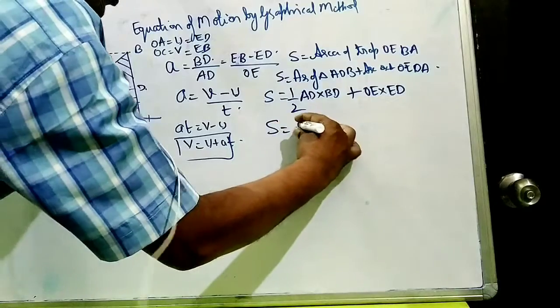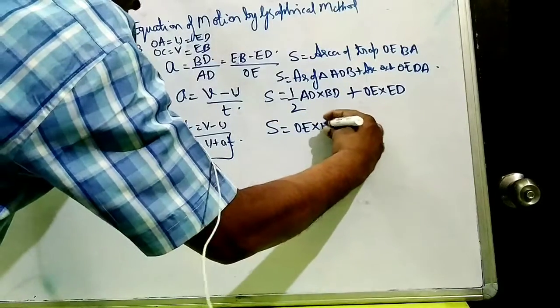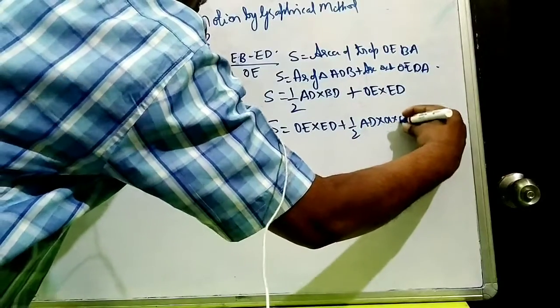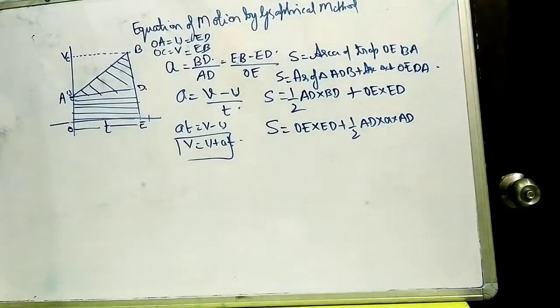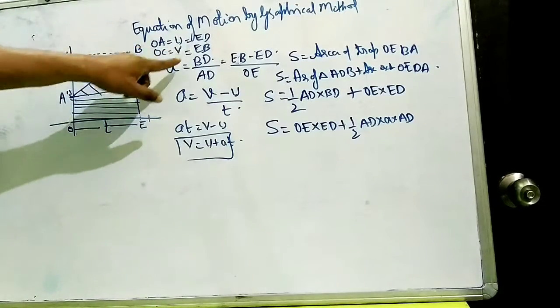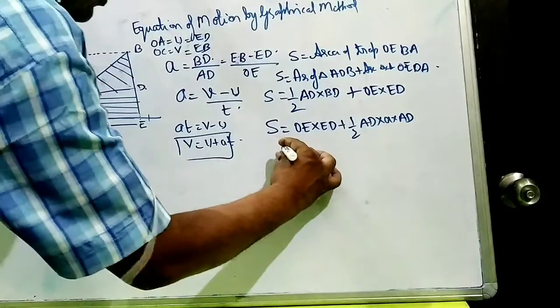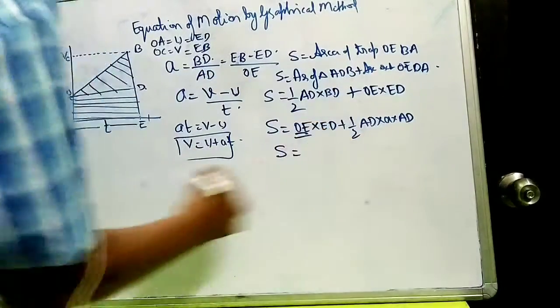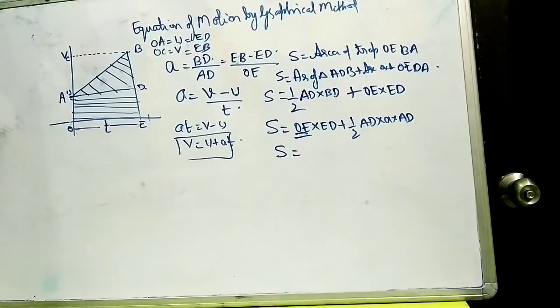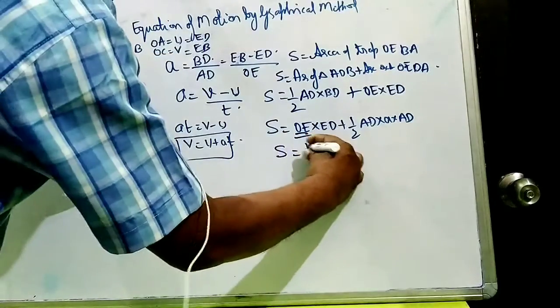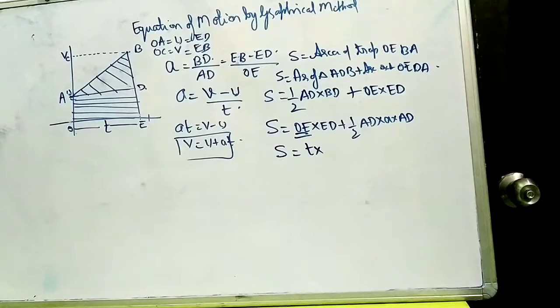So S is equal to OE into ED plus half AD into A into AD. AD is equal to OE. So what we can write? S is equal to, what is OE? T. What is ED?